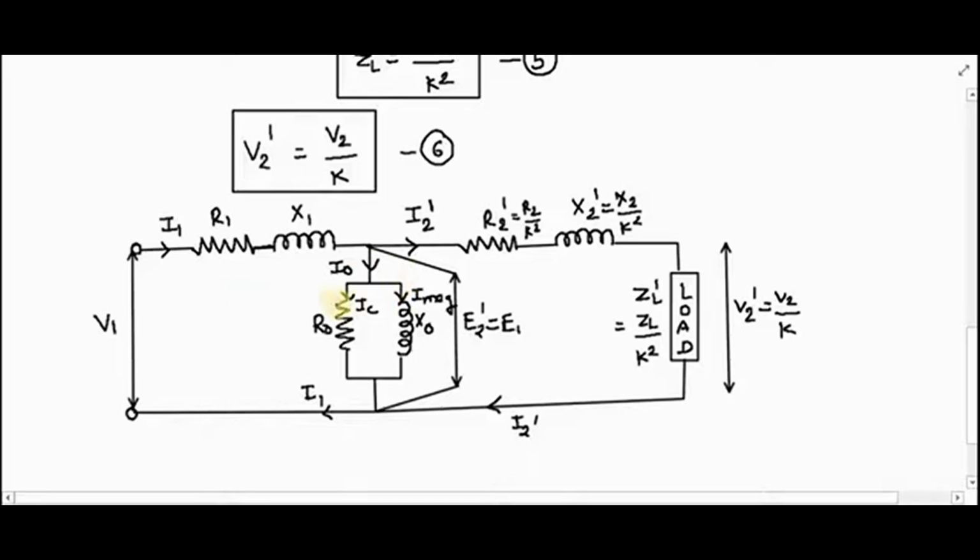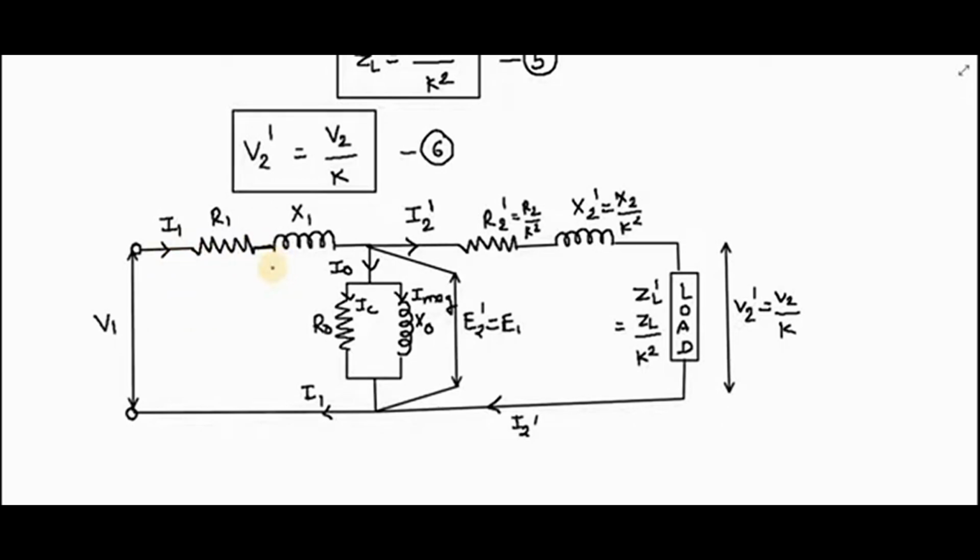If I move this shunt circuit before R1 and X1, a small error is introduced because we have to neglect the drop in the primary impedance of the winding caused by the no load current I0. As we are neglecting this error, if I transfer this shunt branch to the front side, then this circuit will become the approximate equivalent circuit of the transformer.